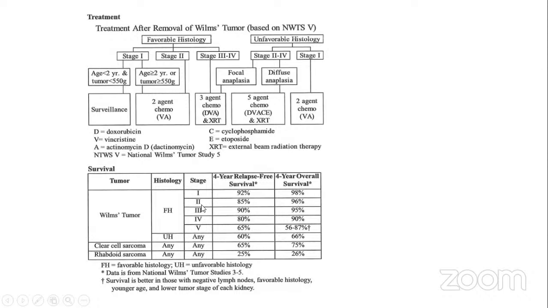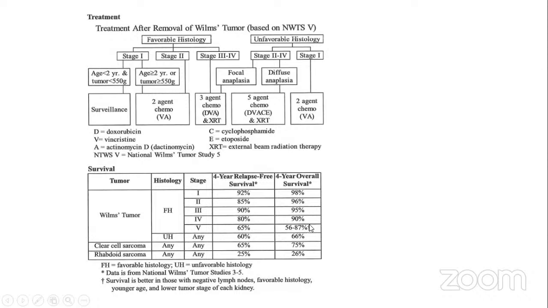Stage 3 is 90% 4-year free survival and 95% overall. Stage 4 is 80% free survival and 90% overall survival. Stage 5 is 65% free survival and overall 56 to 87%.